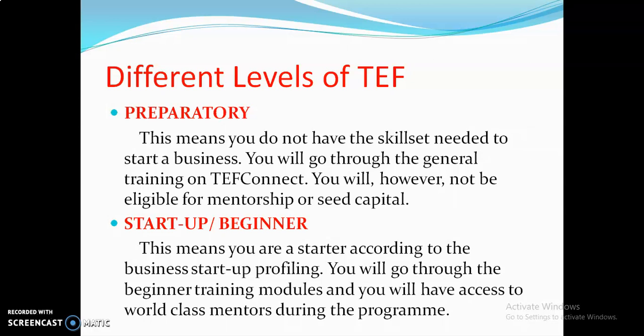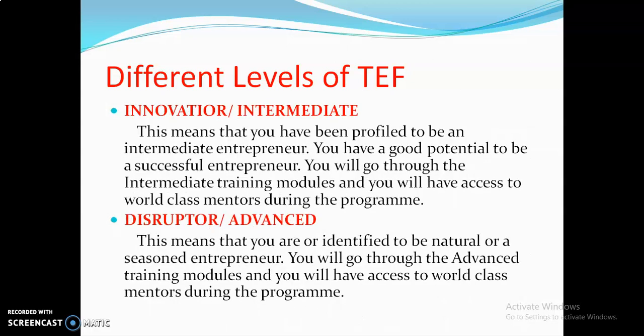The next two stages that you should try to be in are the innovator or the disruptor. The innovator means that you have been profiled to be an intermediate entrepreneur. You're not a beginner, you're not new to this business. You have actually done well for yourself, and you understand the integrity of businesses. You know basic arithmetic, and your personality is cool.